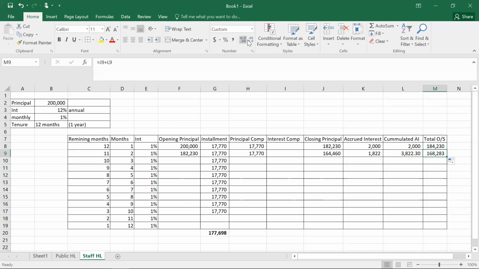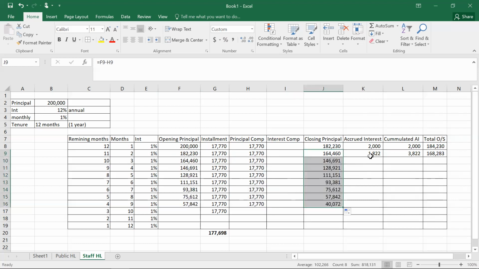Again, we don't want the decimals here. Just a minute. Okay, now I will drag down these formulas. We will see how it behaves now. You can see how the closing principal is reducing, and you can see how the cumulated accrued interest is increasing.